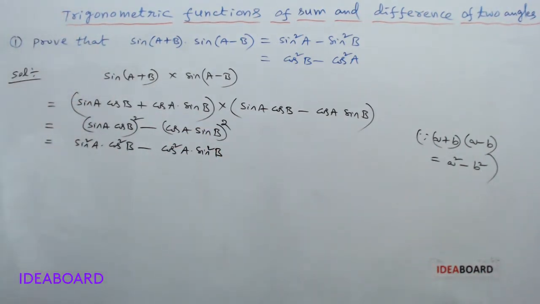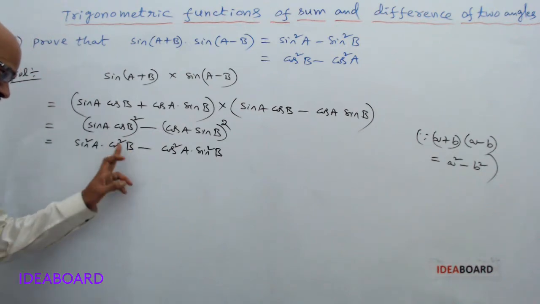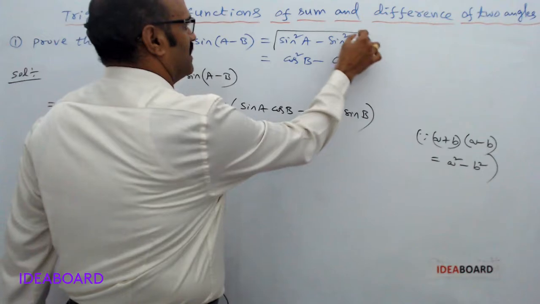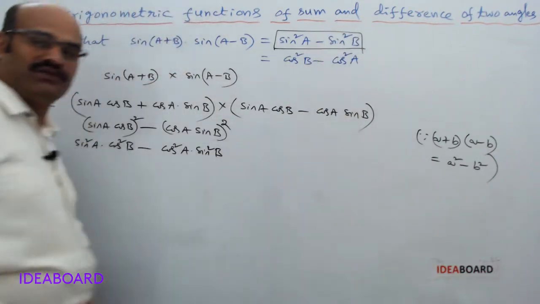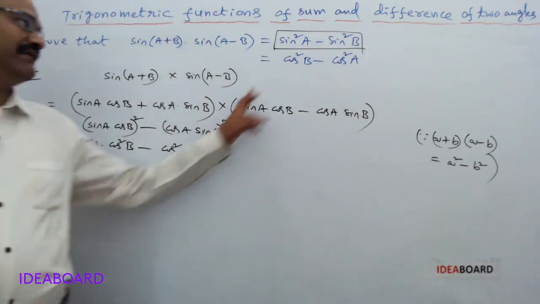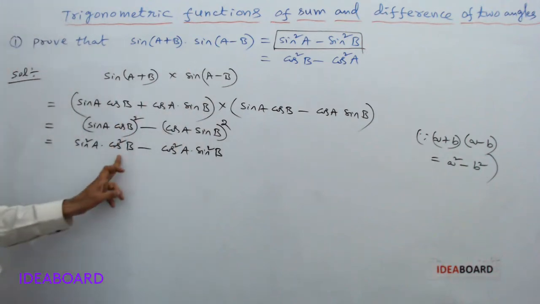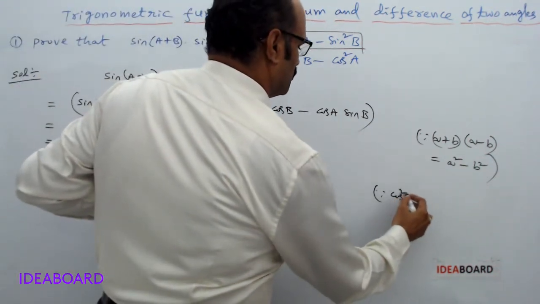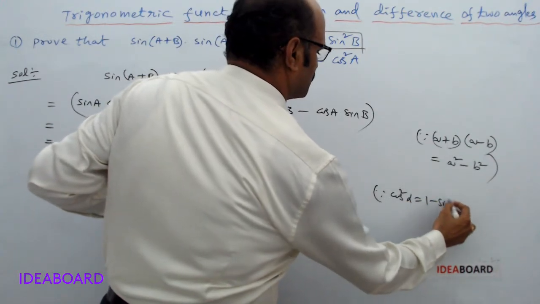Then we have to write cos² B in terms of sin. Since we have to prove sin² A minus sin² B, we should write everything in terms of sin. We know that cos² α equal to 1 minus sin² α.